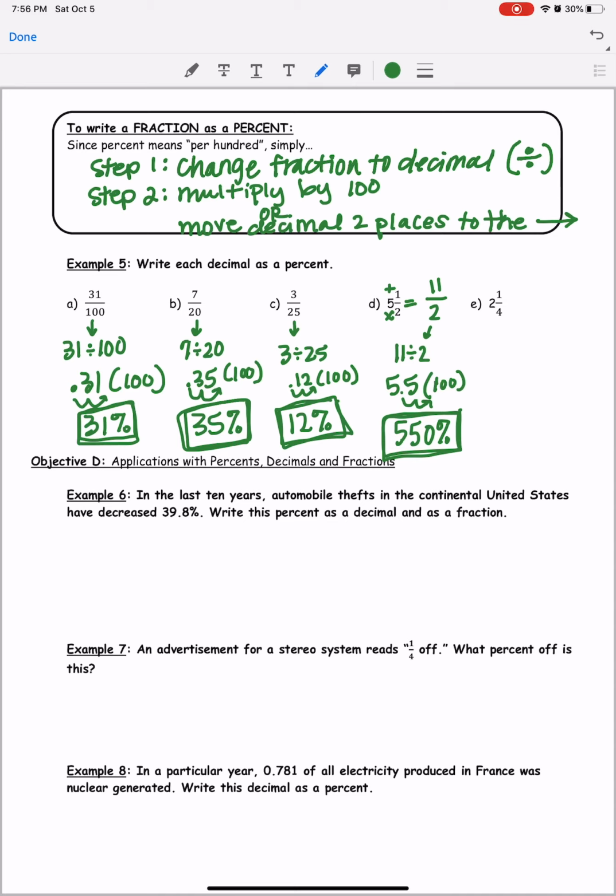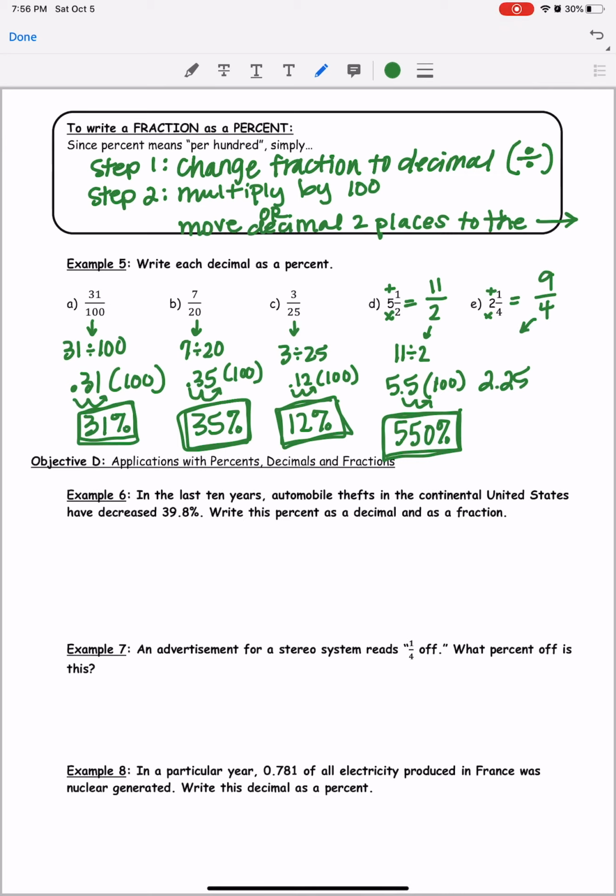And same thing here. This is going to be 2.25%. 1/4 as a decimal is 0.25. Okay, but if you move this to a mixed number, we're doing 2 times 4 to get 8, plus the 1 to get 9. So I've got 9/4.